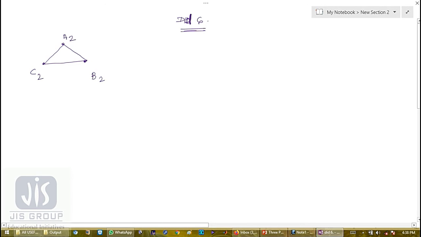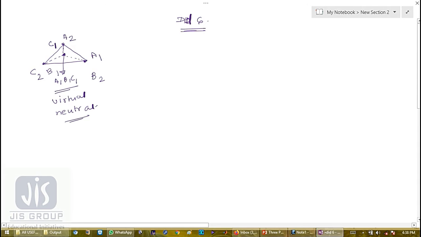Now this is delta connection, and the equivalent star is this. So this point where A1, B1, C1 form the virtual neutral. Okay, so this is A2, this is A1, this is B2, this is B1, this is C2, this is C1.